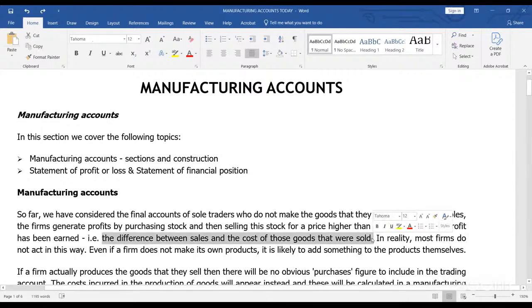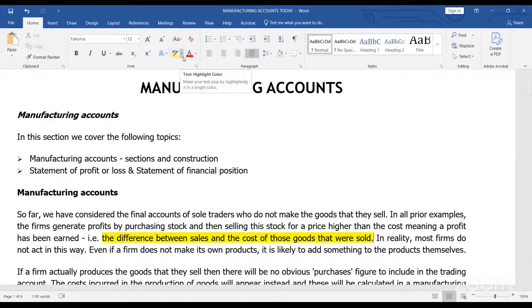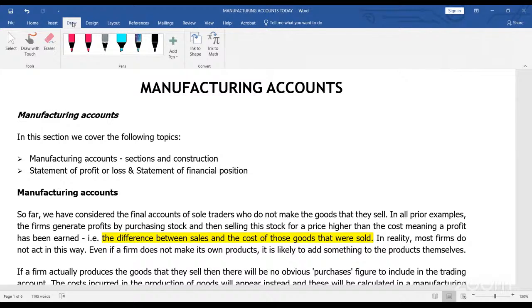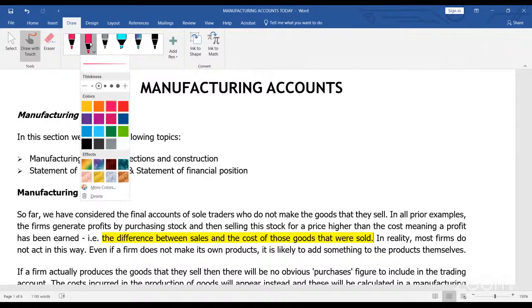If I want to get profit, I simply get the cost and deduct it from the sales revenue. That's how we arrive at the profit. So profit is the difference between the sales and the cost of those goods that were sold. In reality, most firms do not act in this way.